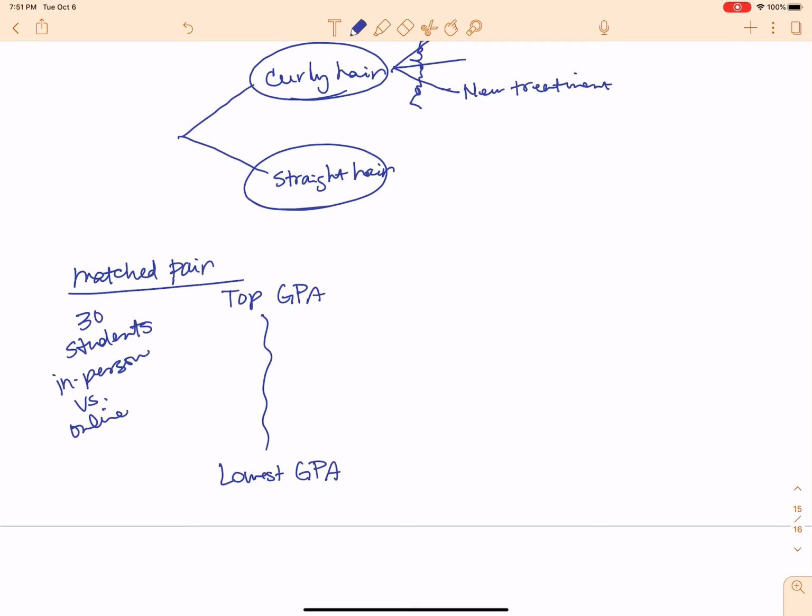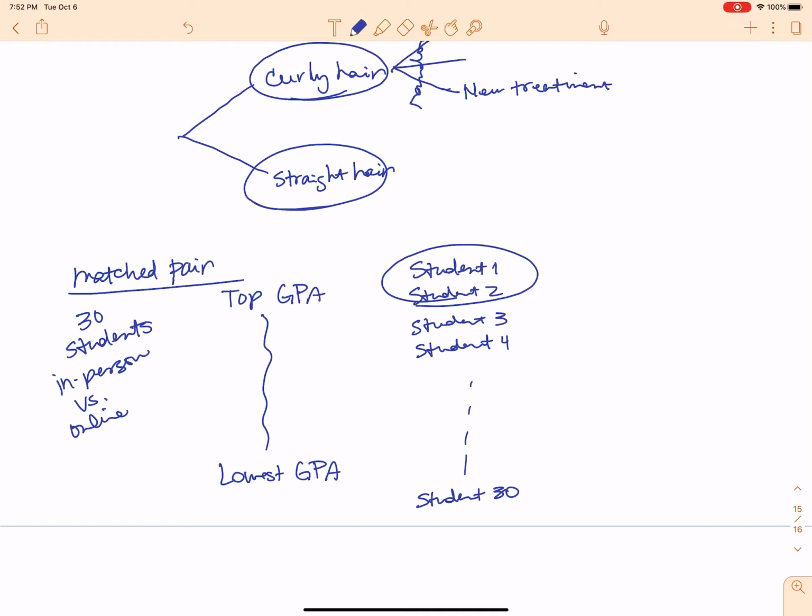Then I would pair them up. Let's say I've got student number 1, student number 2, student 3, student 4, etc., all the way down to student 30. The way a matched pair would look, I would group these first two students because their GPAs are probably very similar to one another, and then I would randomly place them in either in-person or online learning.